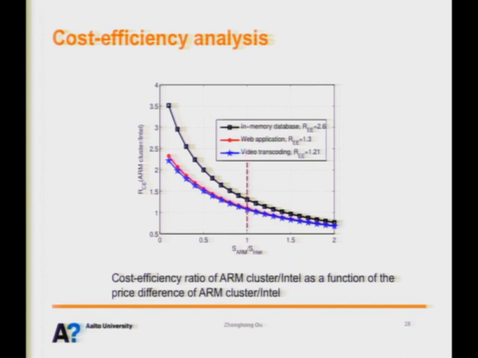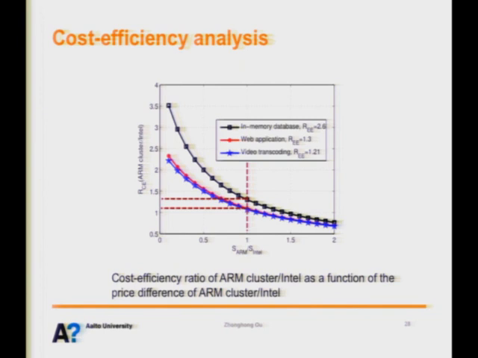So here, I want to go into the detail of the analysis of the cost, but the basic takeaway message from this figure is about the ARM processors. Even though, in the video transcoding case, you have to use 16 ARM processors to be comparable to a single Intel processor, using the ARM processors is still more cost efficient than the Intel server.